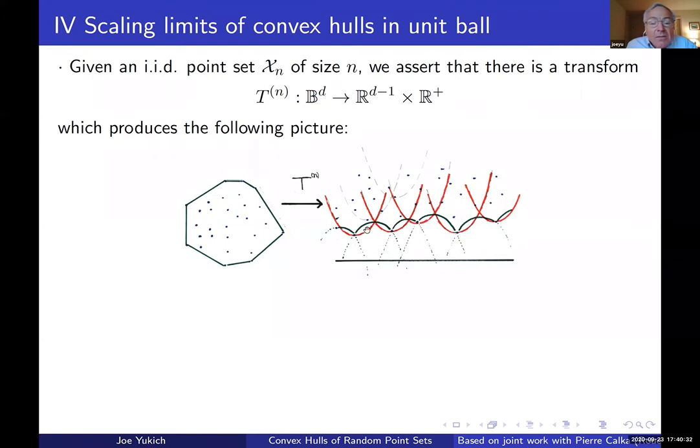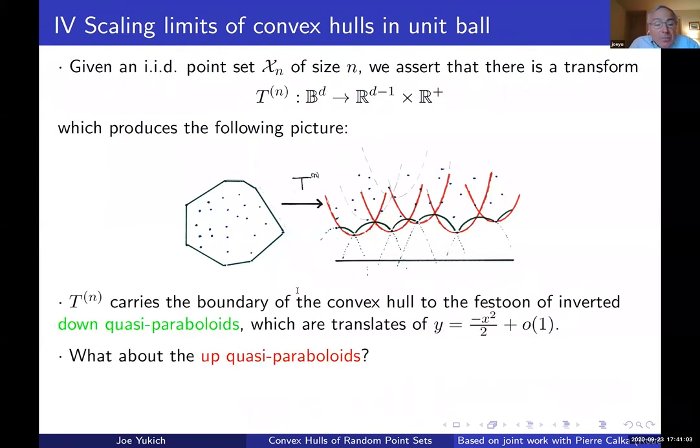So green gets sent to green. And the points in the interior of the convex hull get sent to these points in the upper half space. The transform also has the property that it carries the sphere, or the boundary of the unit ball holding these points, into this line here.